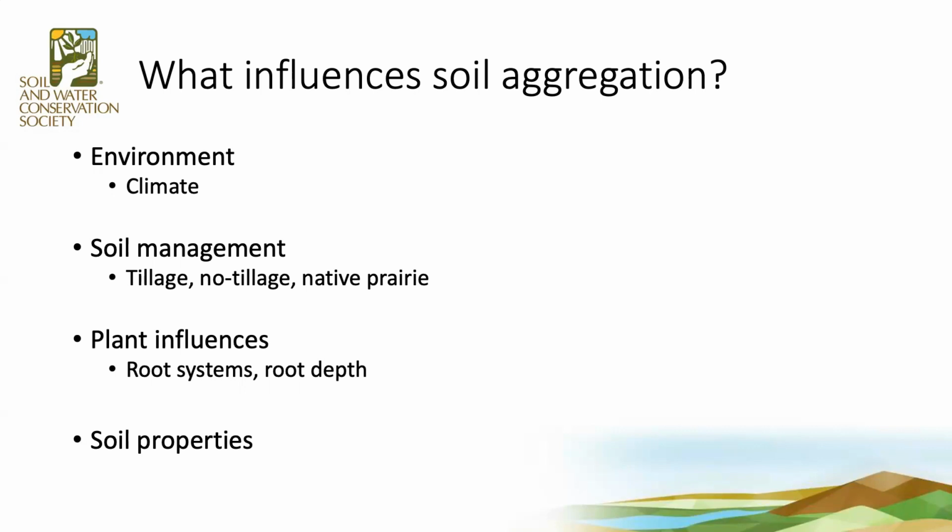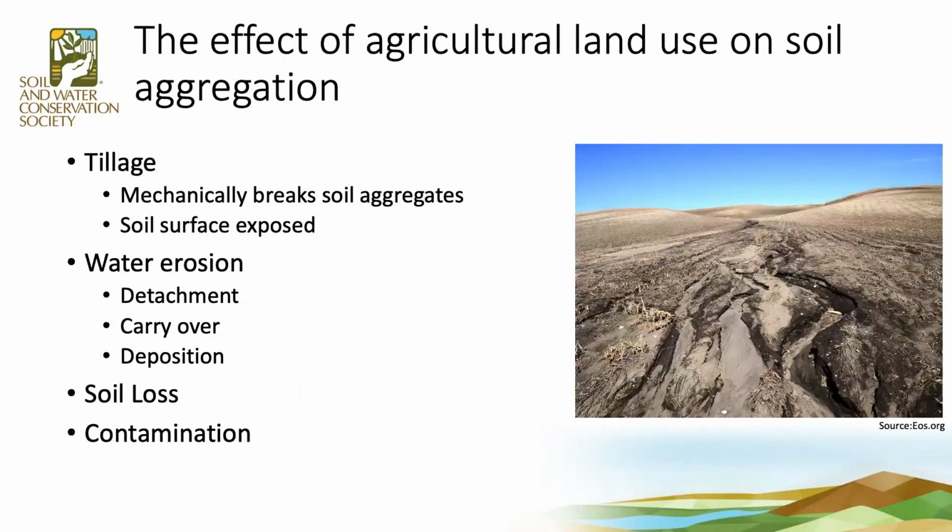And we also have plant influences, like different plants have different root systems and root depths that will for sure influence the state of soil aggregation in different situations. And we have also soil properties, like different types of soils have influence on the aggregation by itself.